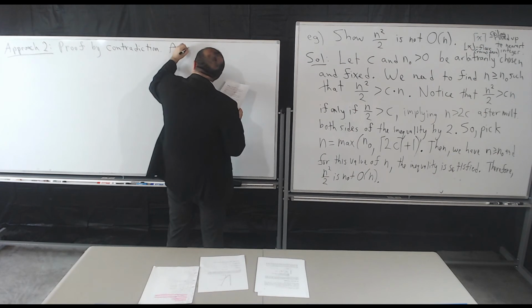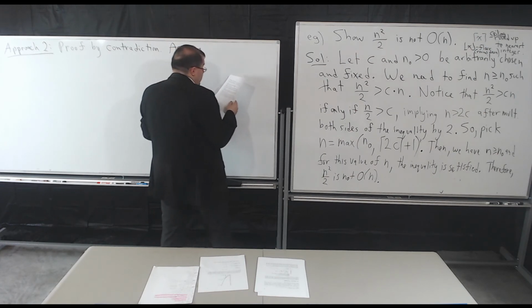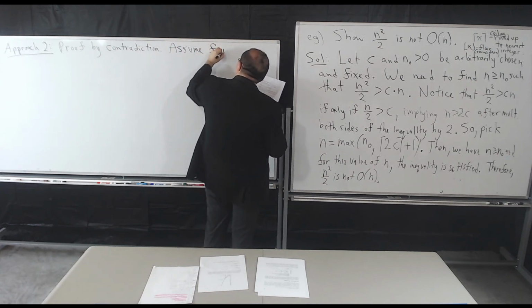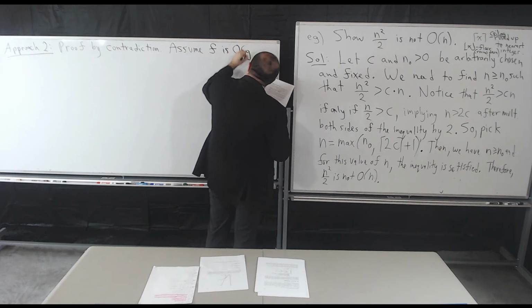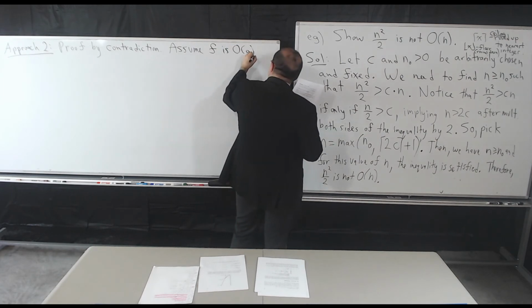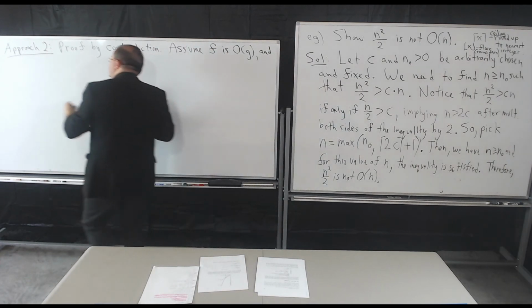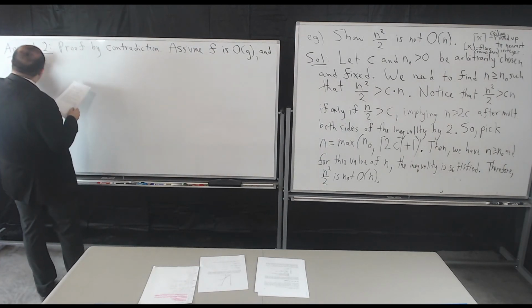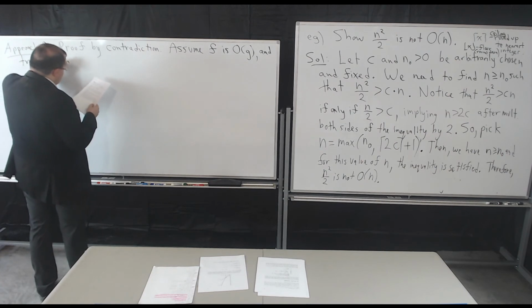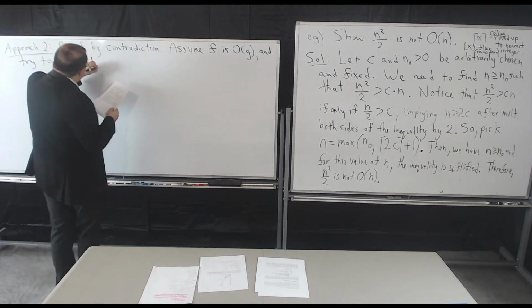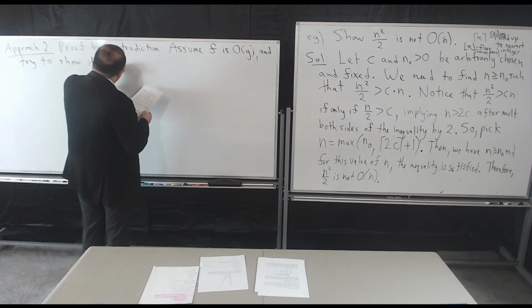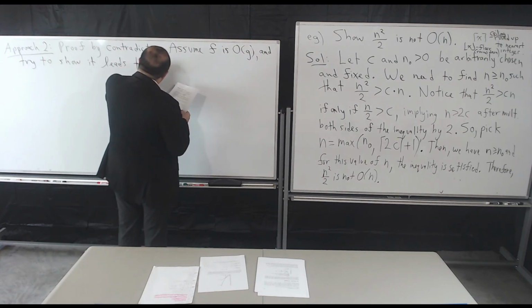Assume, like at least in our case, this is how contradiction goes. So assume f is big O of g, and try to show it leads to a contradictory statement.